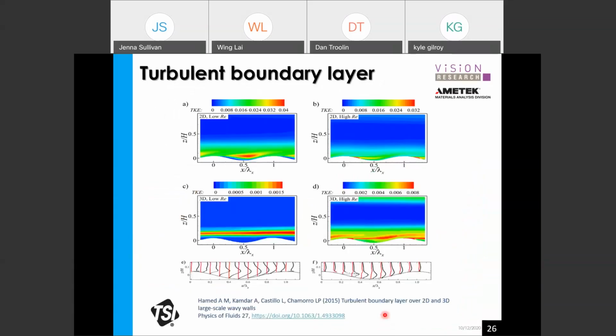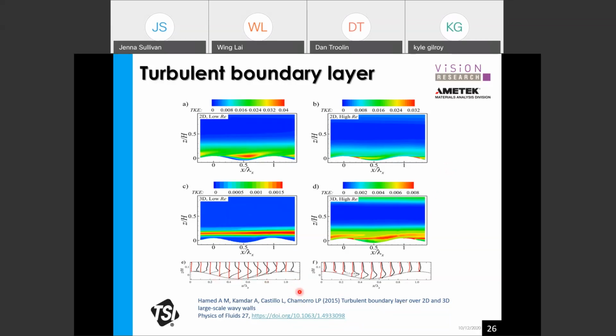Okay, so this is the result generated by the stereoscopic system in the picture that you saw in the previous slides. First of all, let's take a look at the velocity profiles. Since it's an index matching tunnel, we are able to see through the model because there's really no obstruction from the model itself.